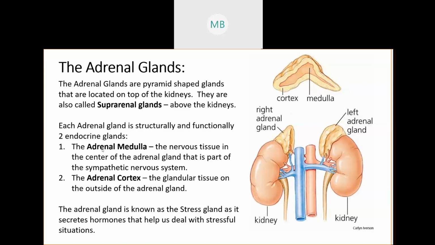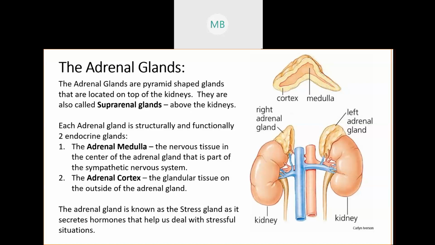Right, so the adrenal medulla for our adrenal gland has more nervous tissue in its center, and it acts as part of your sympathetic nervous system, if you guys remember from A&P1 when you talked about your nervous system. Most of the glandular tissue, though, is the cortex of your adrenal gland.